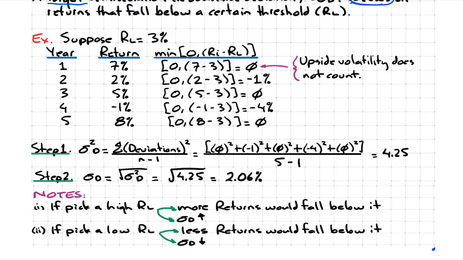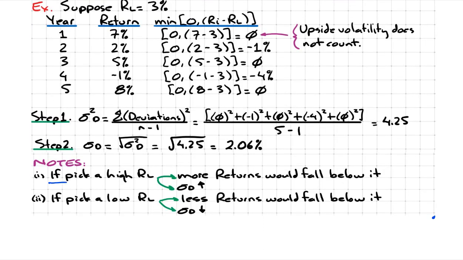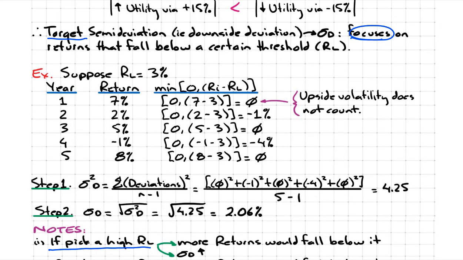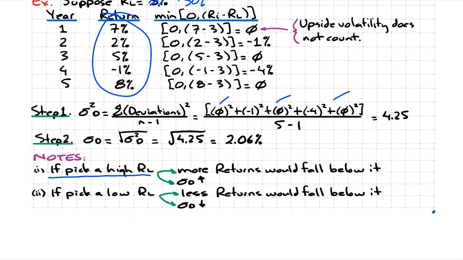Now, notes. If we pick a high target return, what would happen? If instead of 3, we pick, let's say, positive 30%. Well, if you did that, ladies and gentlemen, all these numbers would fall below the target, and therefore all these numbers would be greater than 0, and as a result, target semi-deviation would be higher.